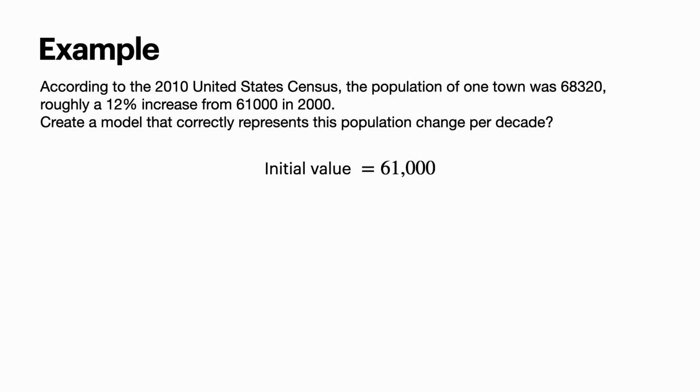So the initial value, the starting value, is the first year that we have, the year 2000. The value was 61,000. We have a 12% increase, so that's 112%. Here's our model. We have our starting value times the growth factor to the time.